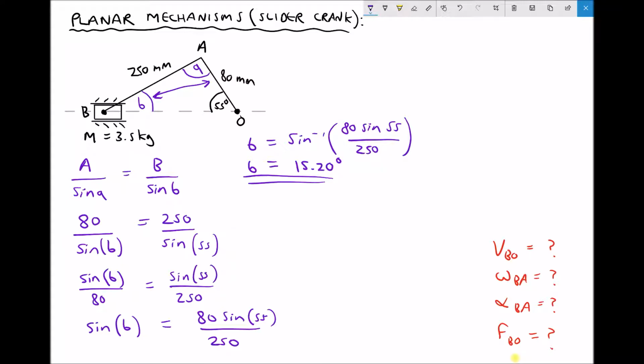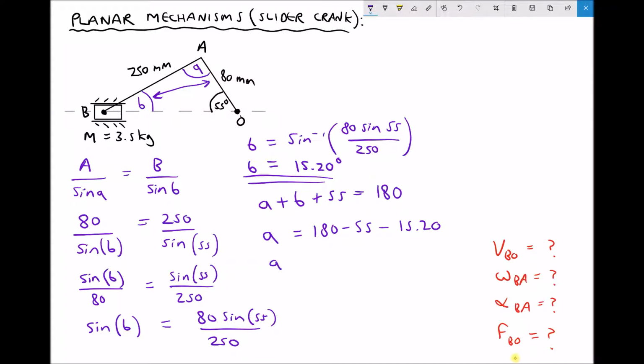Now, in order to find angle A, I know that the angles in a triangle add up to 180 degrees. So therefore, A plus B plus 55 must equal 180. Therefore, the unknown angle A is just 180 minus the 55 minus B, and we have a value for B of 15.20.